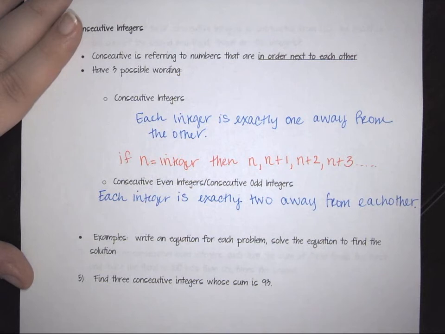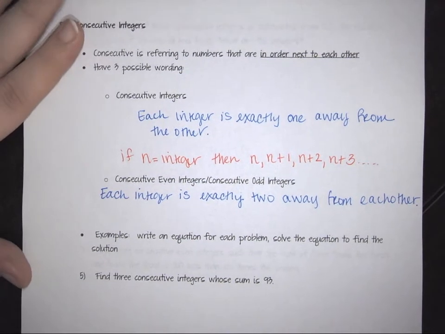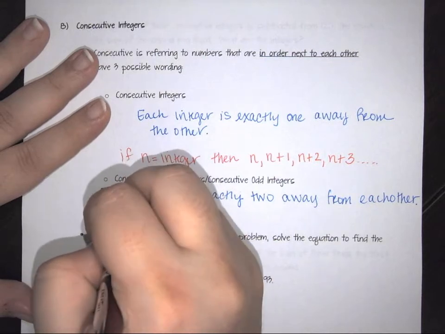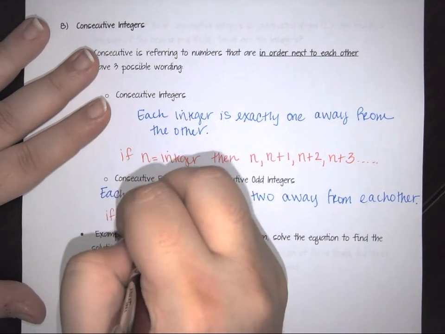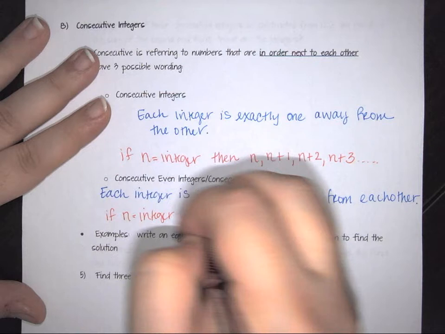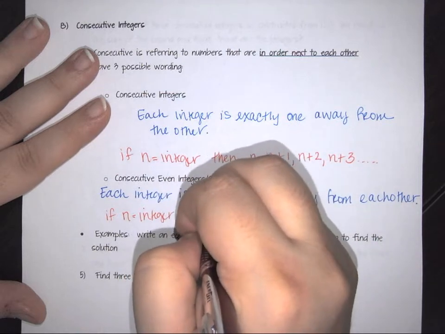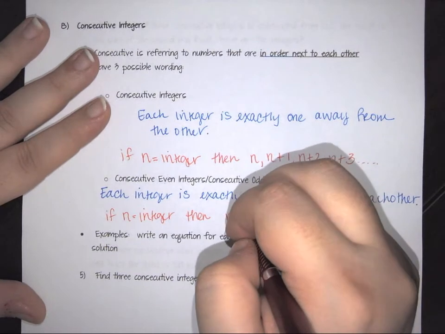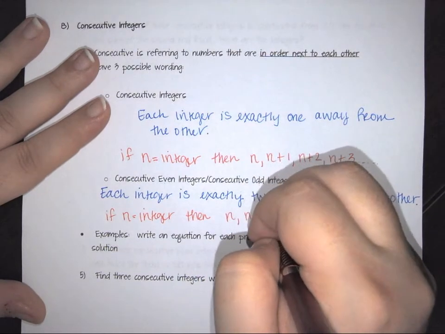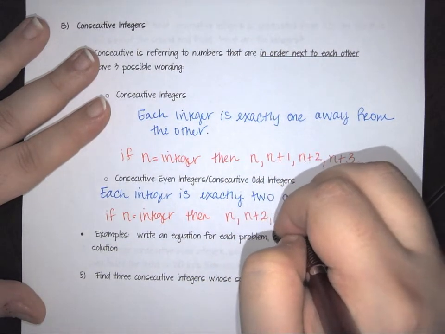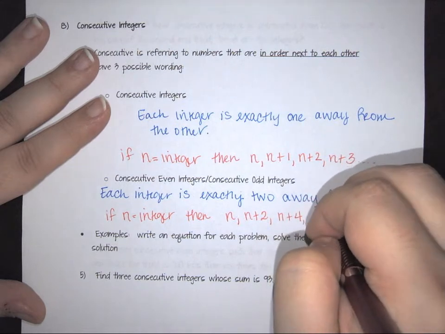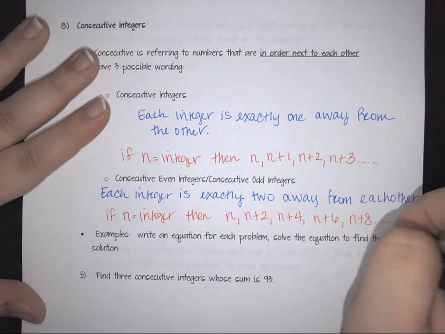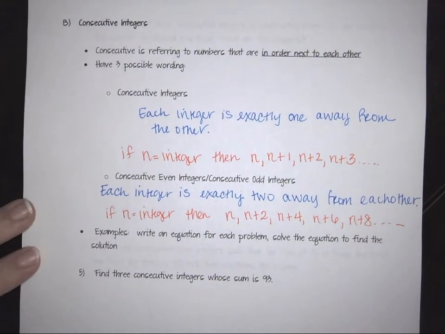So when we talk about even and odd in terms of their formula, again, if n was your integer, then your formula would resemble n, because that's where you start, and then we have n plus 2, n plus 4, n plus 6, n plus 8, and so on and so forth. Okay?